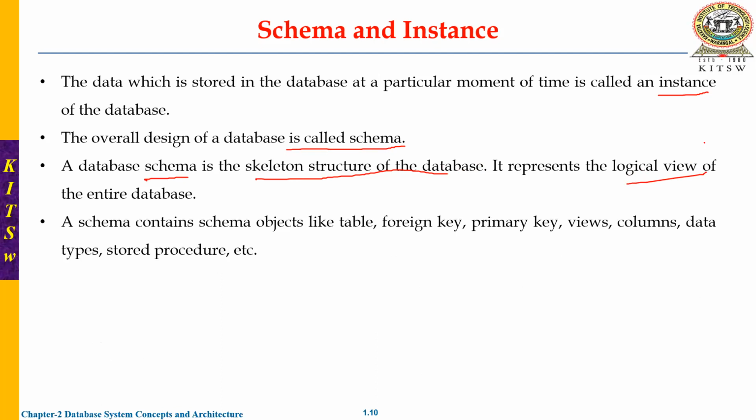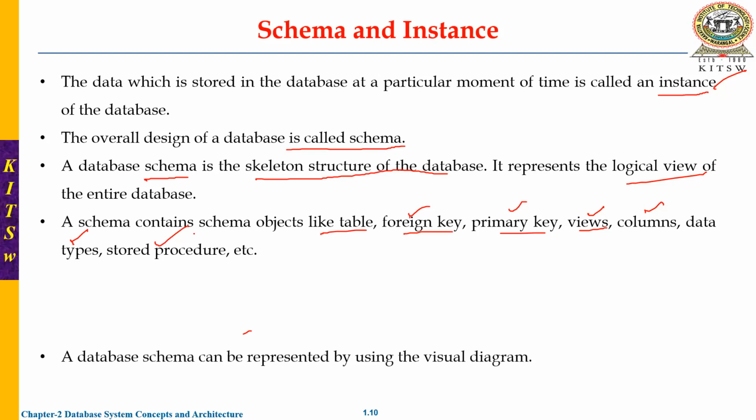A schema contains objects like tables, foreign keys, primary keys, and views. Foreign key and primary key are constraints. It also contains different views, columns, and data types, which we have already learned in the laboratory session, and stored procedures, which we will learn in the lab sessions.